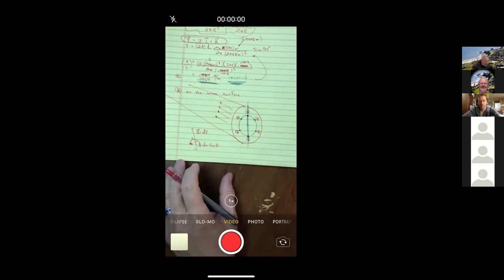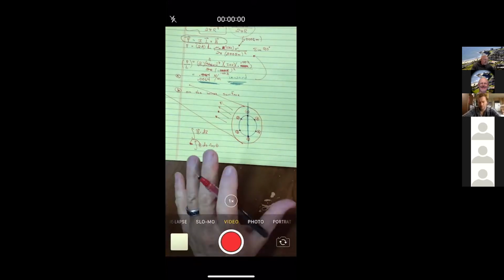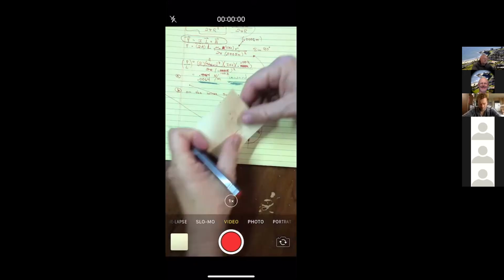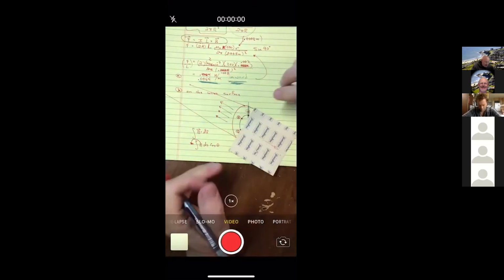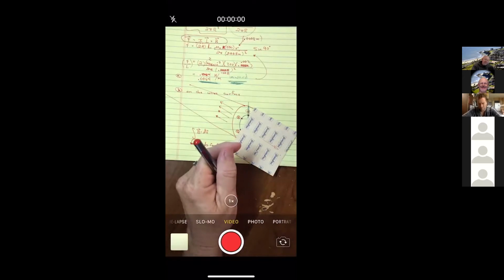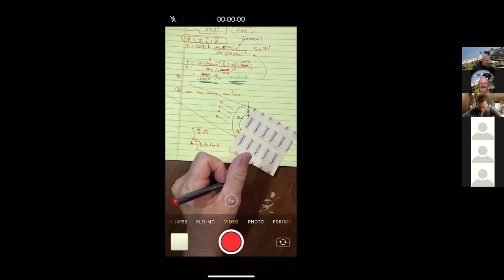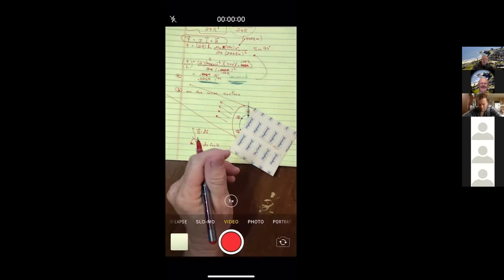So I would use the argument that when I flip it, I now have a field that must be opposite of what it was before. Because again, the current is what makes the field, and the current is now flowing in the opposite direction. It would be the same strength because the magnitude of the current still looks the same.